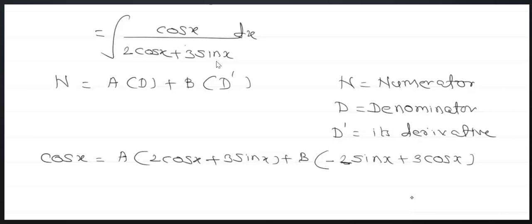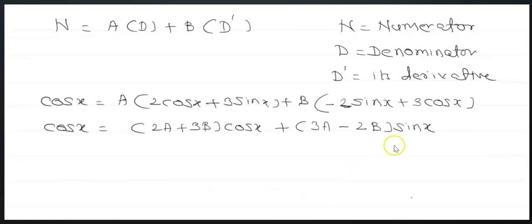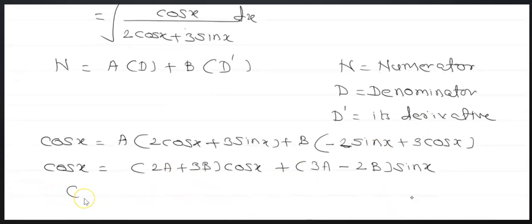Now equate the terms of cos x and sin x. Here the cos x terms are 2a plus 3b into cos x, and the remaining terms are 3a minus 2b into sin x. Now on the left hand side, the sin x term is absent, therefore 0 is equal to 3a minus 2b, and 2a plus 3b is equal to 1.